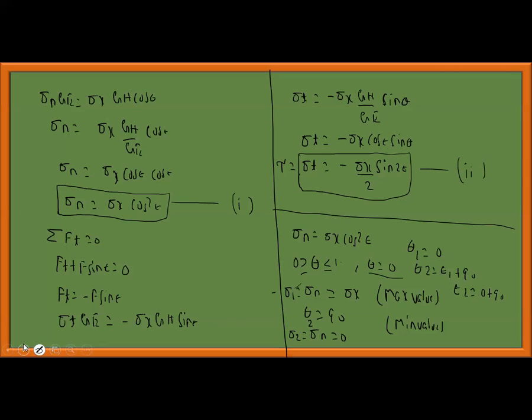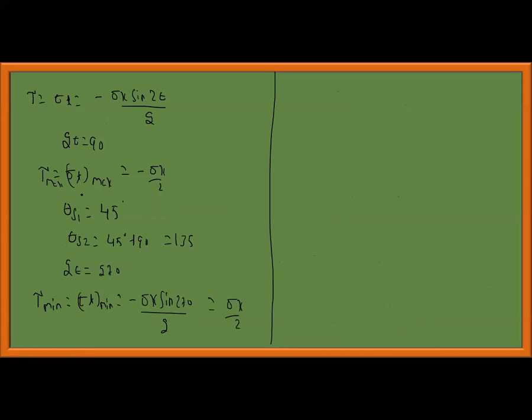Similarly, for shear stress, for the maximum value 2 theta s should be 90 degrees. Writing individually, theta s1 is half of this, 45 degrees, and theta s2 is equal to theta s1 plus 90 degrees.